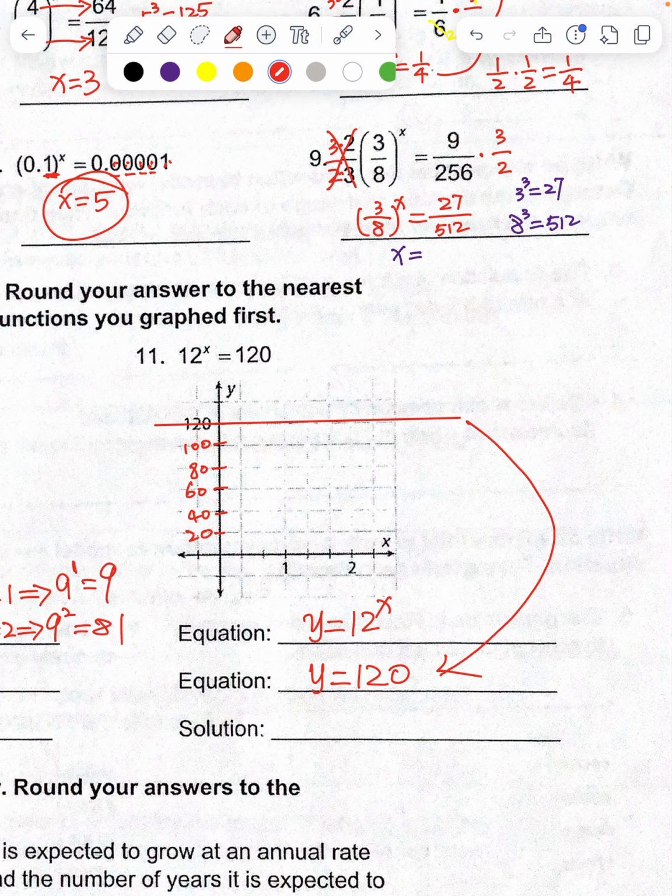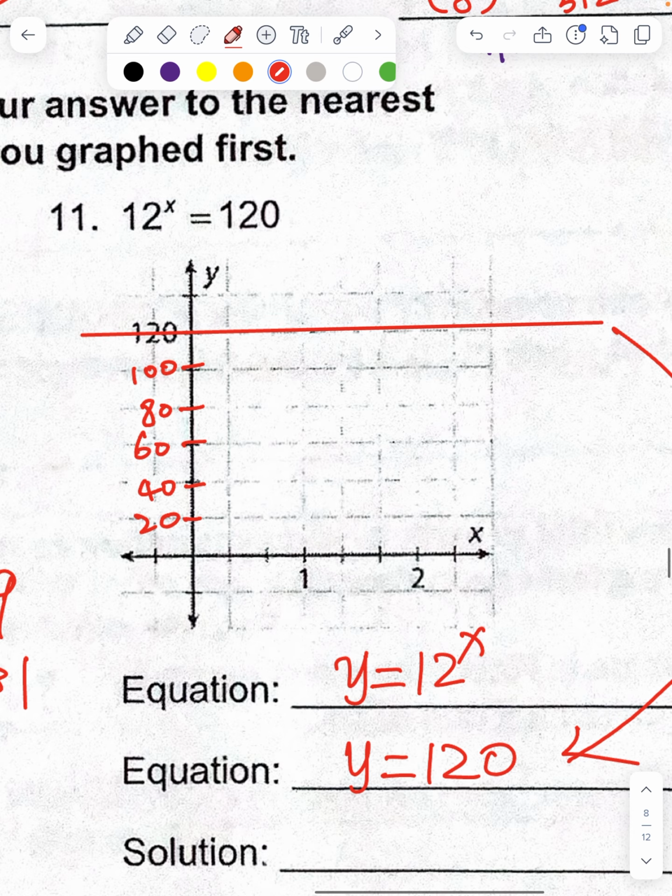Now, when x equal to 0, the y value is 1, since 12 raised to the 0 power is 1. Where is 1 on the y-axis? It should be right here, something like this.